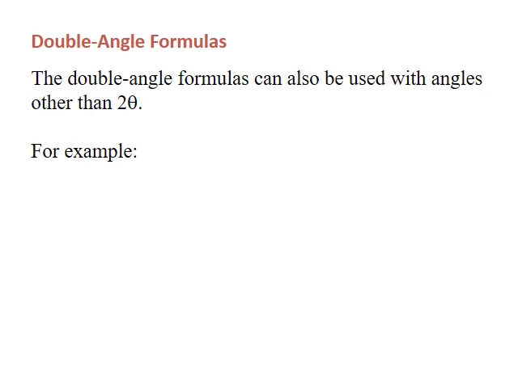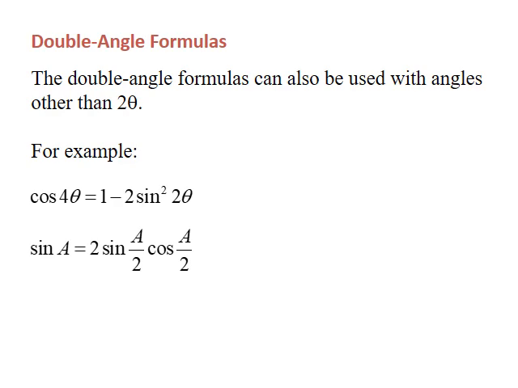So these double angle formulas can be used with angles other than 2 theta. For example, if I have cosine of 4 theta, the original formula is cosine of 2 theta equals 1 minus 2 sine squared of theta.